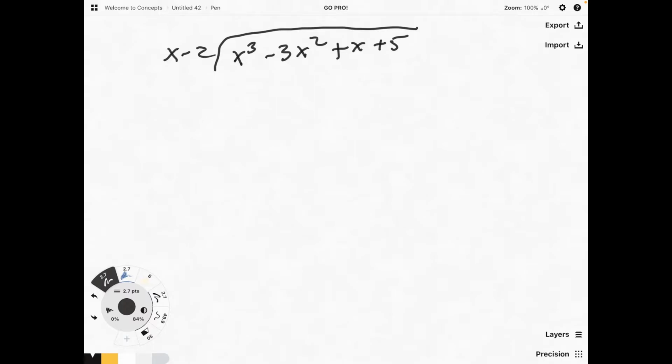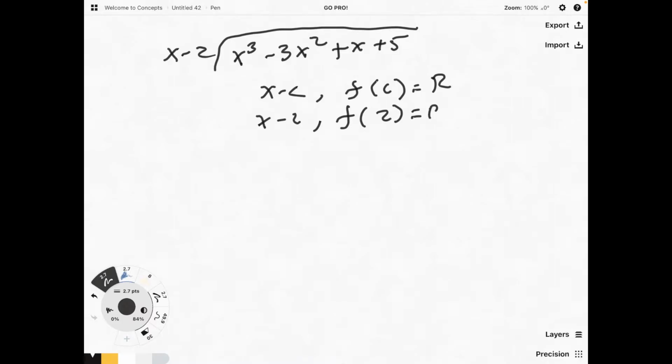Again, we can use our special property that if you are dividing by x minus c, then f of c is equal to our remainder. In this case, we have x minus 2, and therefore f of 2 is what we're trying to find, and that's going to be equal to our remainder.